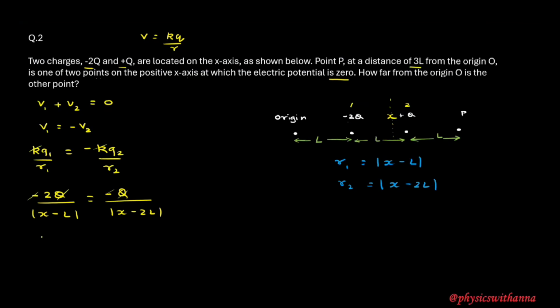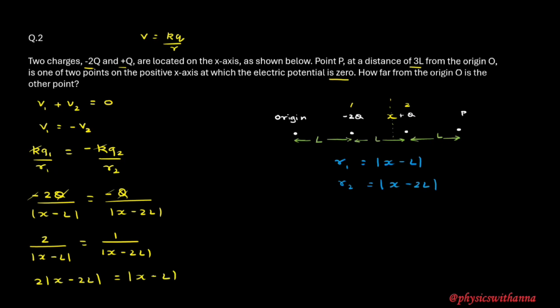So we get 2 over mod X minus L equals 1 over mod X minus 2L. Now cross multiply these two terms. So you get 2 times mod X minus 2L equals mod X minus L.